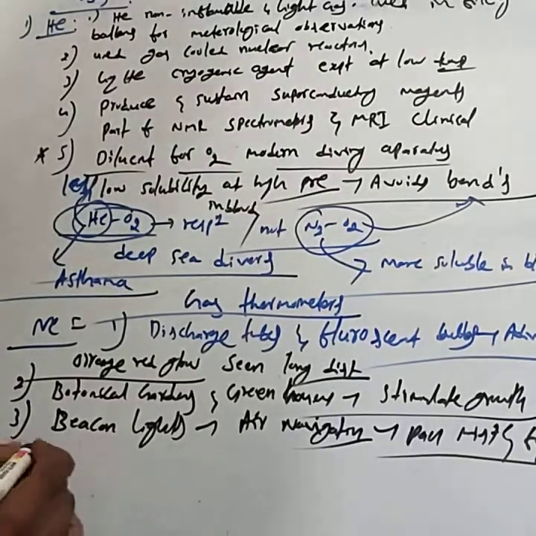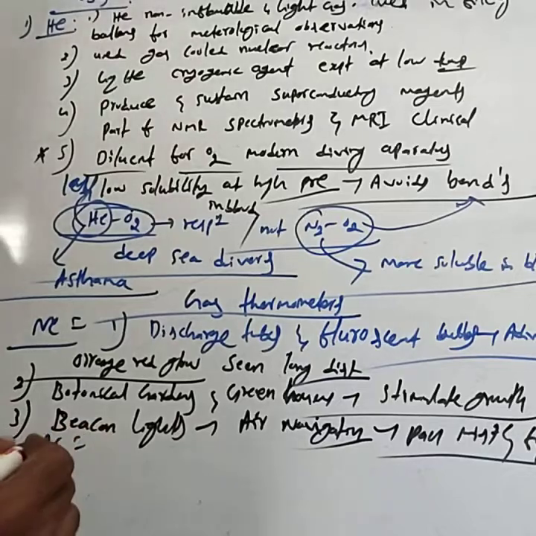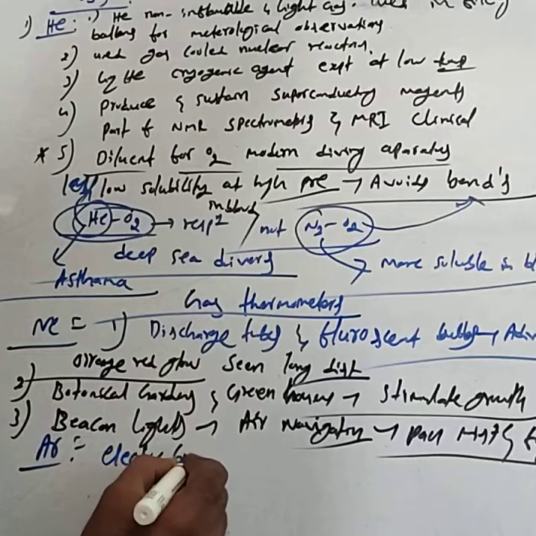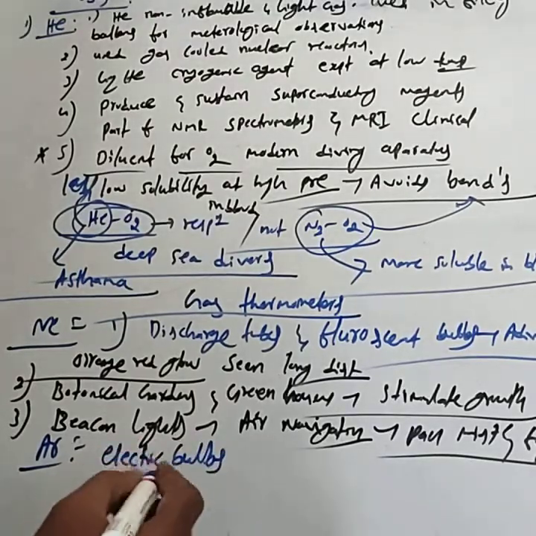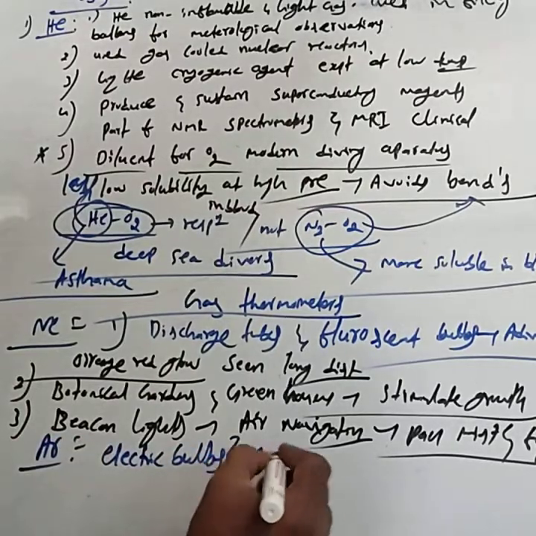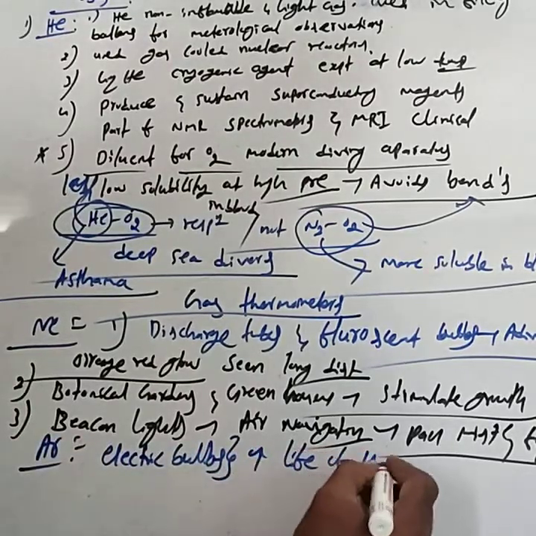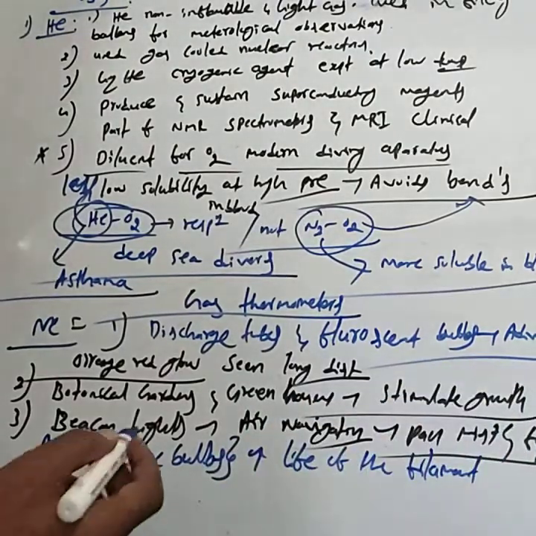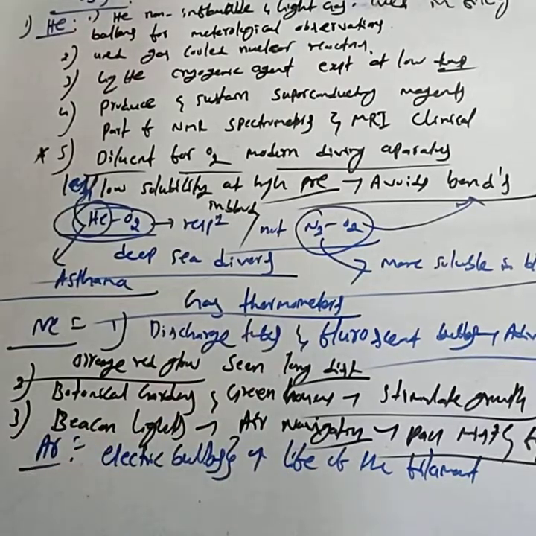Then argon use. Argon is used to fill electric bulbs. Why are electric bulbs filled with argon? To increase the life of the filament. Krypton and xenon are also used in electric bulbs to increase the life of the filament.